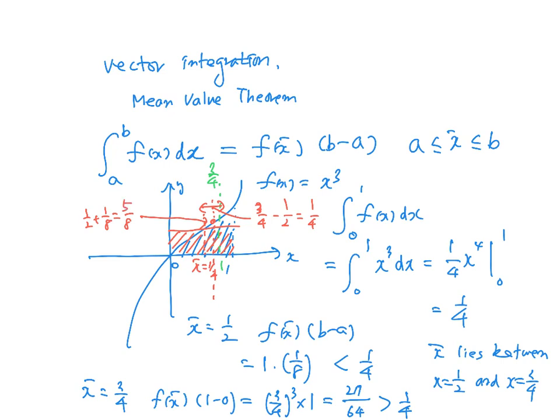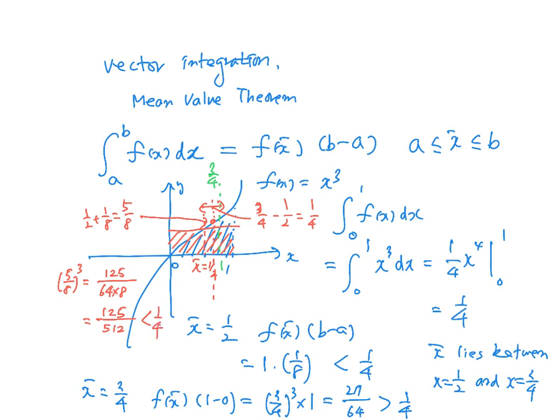So let's try to estimate here. 5 cubed is 125, and 8 cubed is 512, so 125 over 512 is less than 1/4, right?